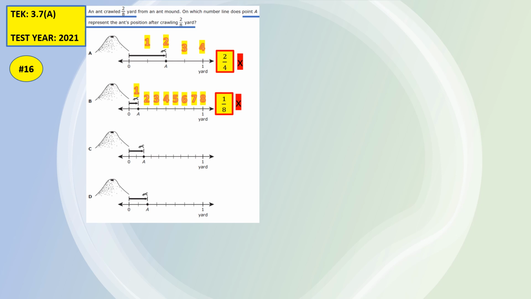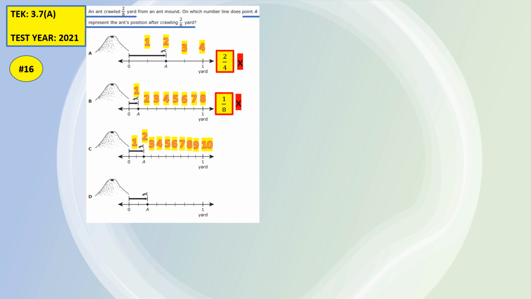Let's look at C. Start at 0, and then at the first mark, we start counting. 1, 2, 3, 4, 5, 6, 7, 8, 9, 10.